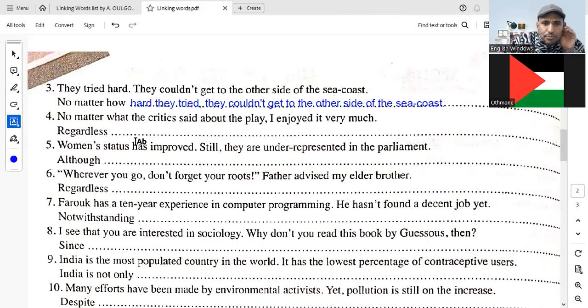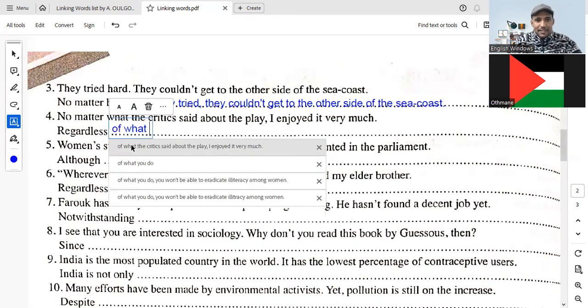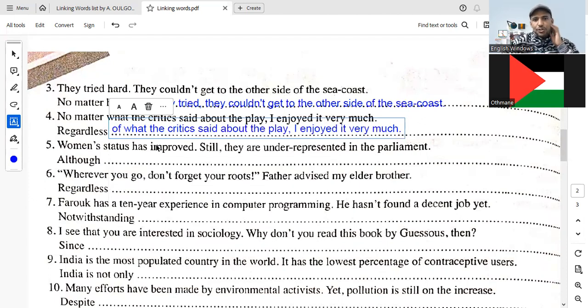We got here again, no matter what the critics said about the play, meaning regardless of what the critics said about the play, I enjoyed it very much.